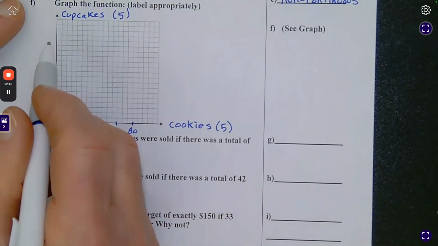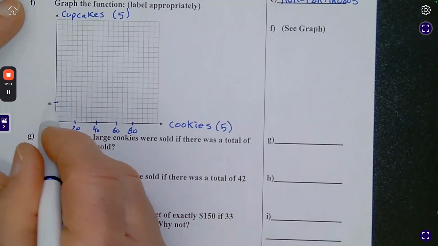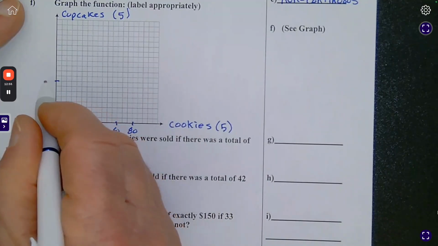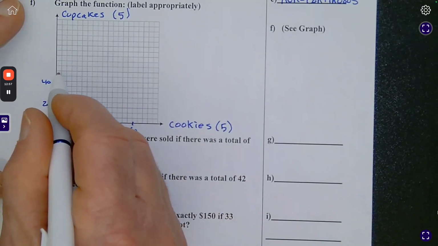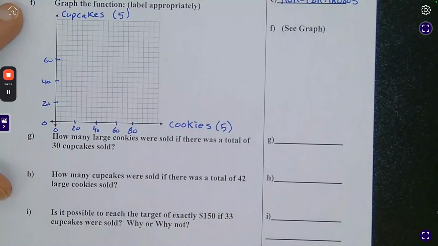Now I'm going to go to cupcakes. I'm going to do increments of 5 there too. 0, 5, 10, 15, 20, 25, 30, 35, 40, 45, 50, 55, 60. Okay, I like to use the majority of my graph, more than half if possible.